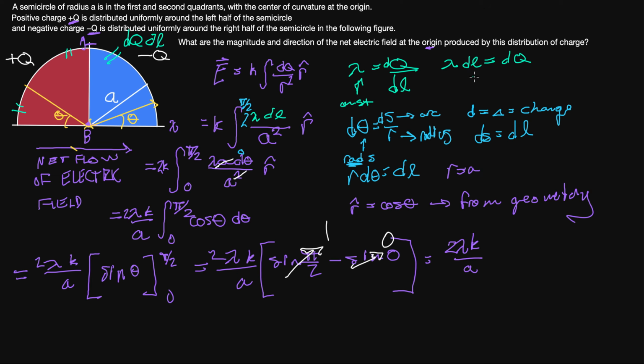And so the way that I did this was I did lambda, because lambda is still equal to q over a, or q over L, sorry, q over L, and this length is the length of the segment, right?